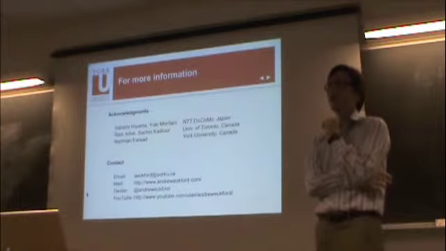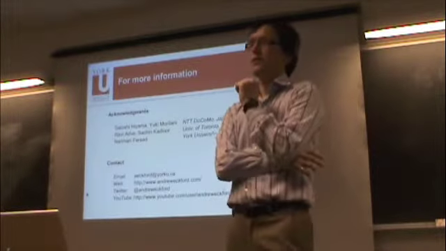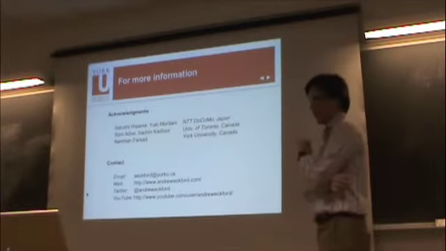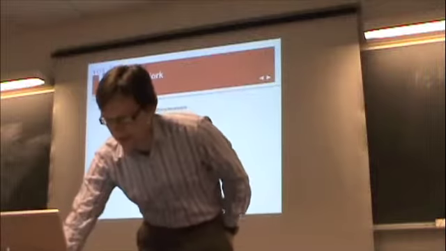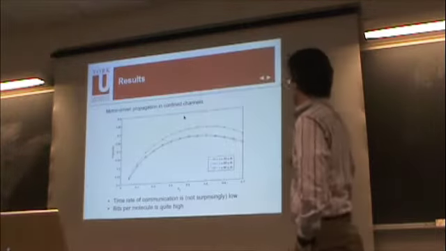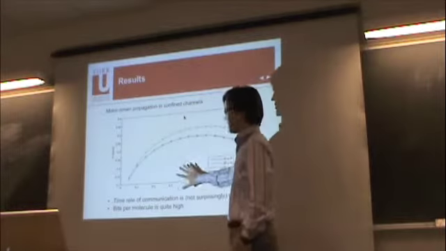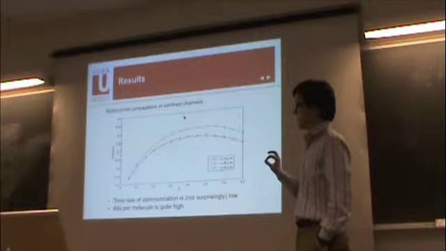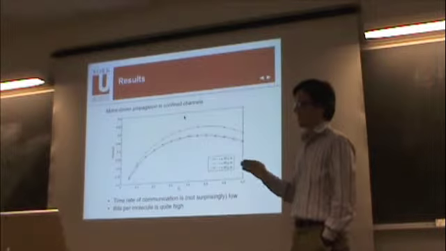Yes? What is the mutual information represented in this framework? So in this framework, the results that I've showed you, let's go back to this. This result is mutual information in terms of bits per second. The way I set it up is the discrete model.